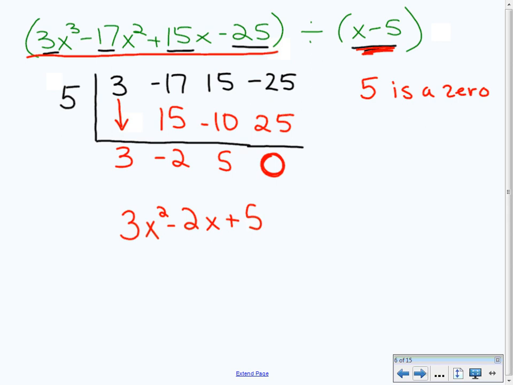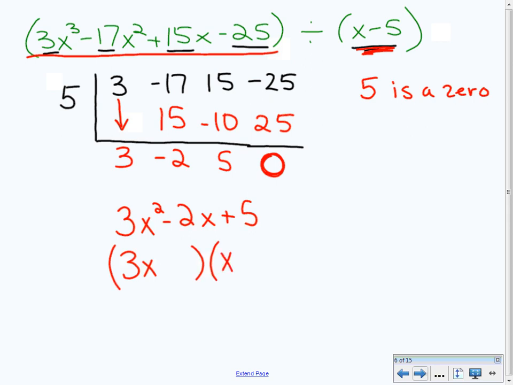All right? And then I could attempt to continue to factor this to see if I can get all the factors. All right, I'll do this. Let's see. 3x squared might be 3x and x, right? And I need to find, it's either a combination of 1 and 5 or 5 and 1. So I'll try 5, and I'll try 1, and I think it works out.